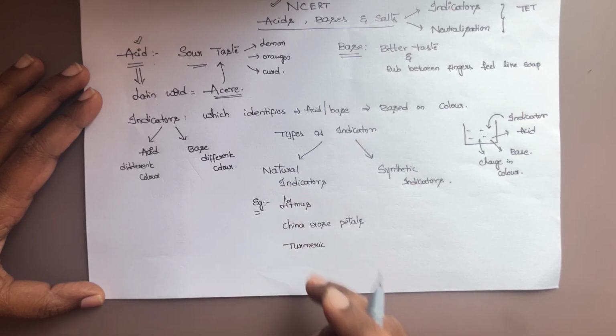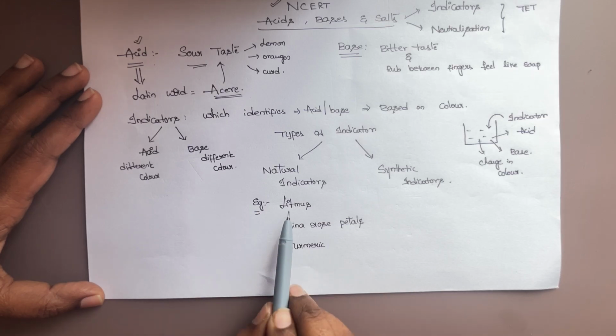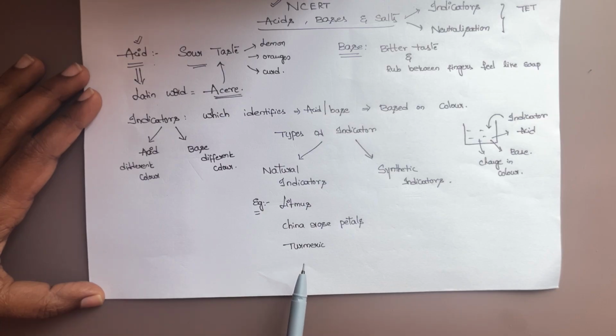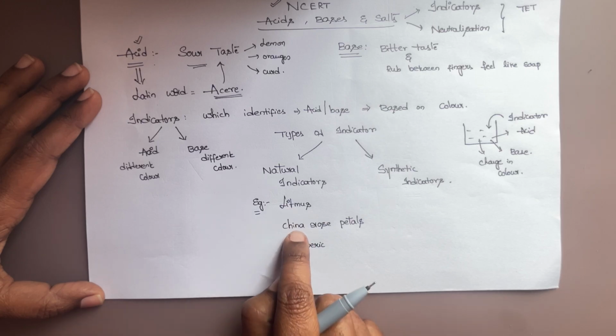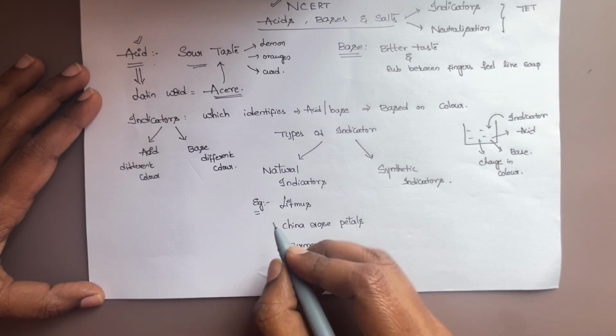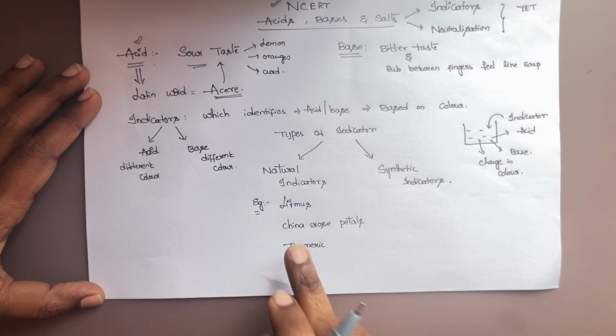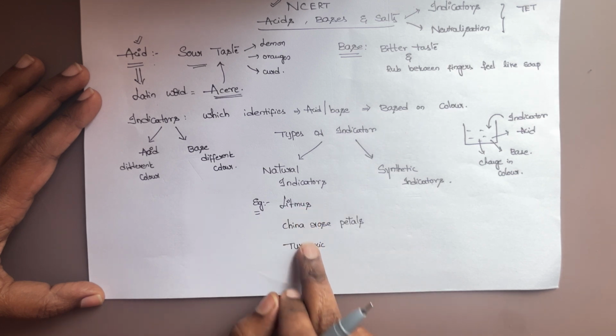They will give you option A litmus, option B China rose petals, turmeric, and option C or D all of the above. Nowadays in competitive exams they mostly give all of the above, because you need to see all the options first. If you see litmus and immediately choose option A, that is wrong. You have to choose all of the above, because all these are natural indicators.